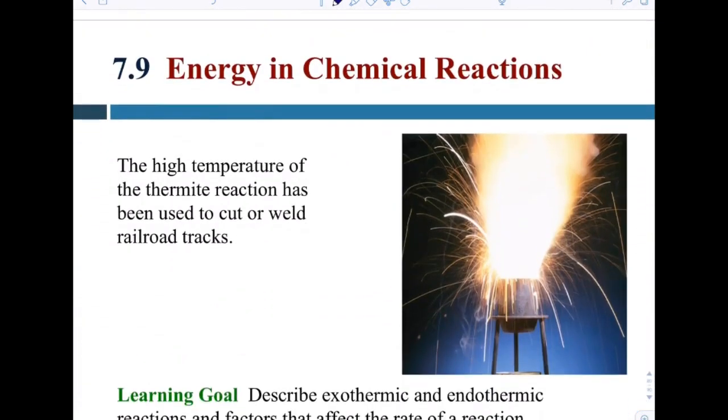Alright, the last section, energy and chemical reactions. This is a picture of a thermite reaction. You may have seen thermite reactions in movies and TV shows, where someone's trying to break into a lock or a door, and they are super sciencey, and they come up with this thermite to break in. So thermite is just really high temperature.